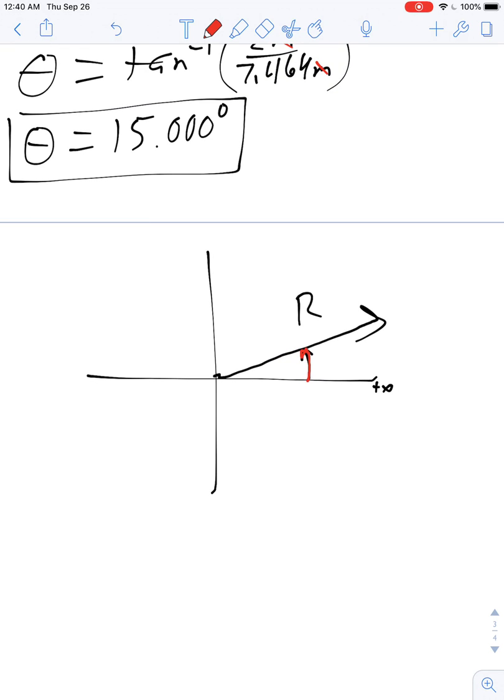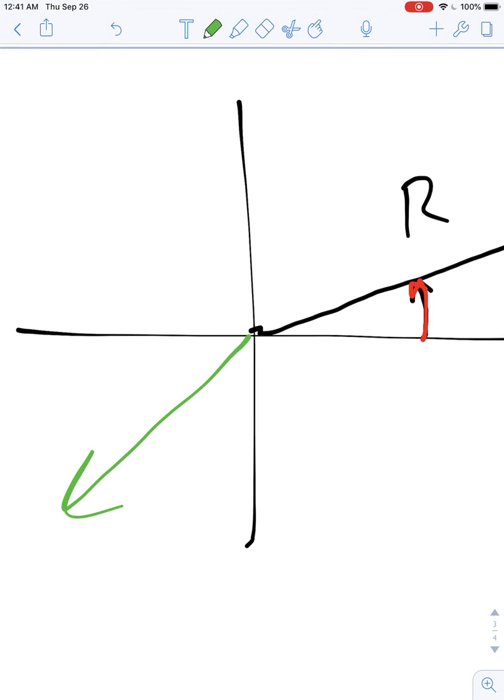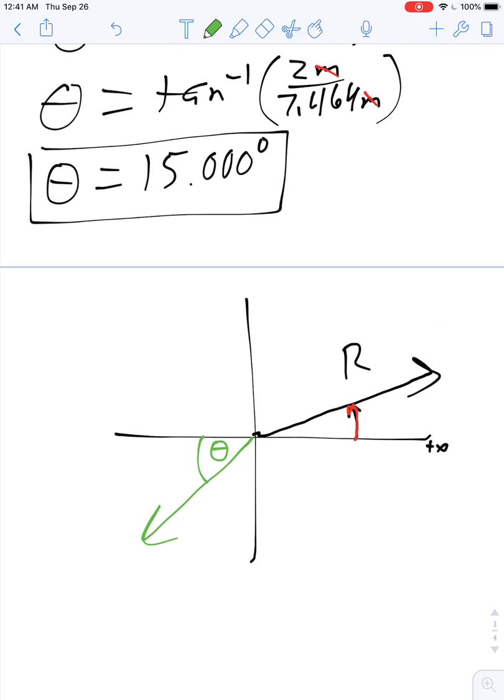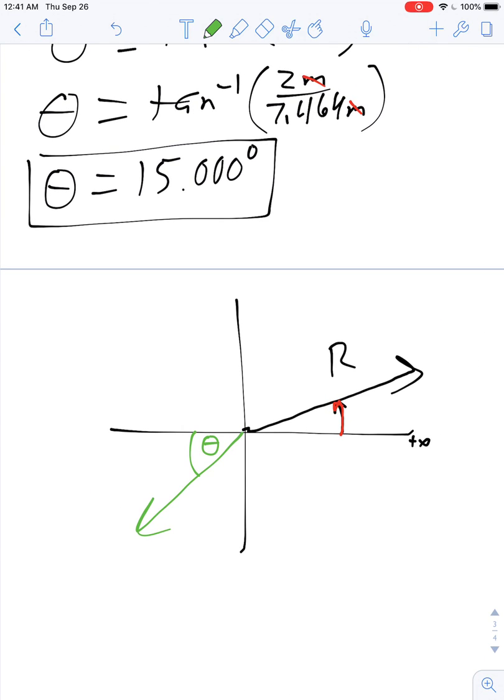So just so you understand what I mean, let's say for the sake of argument that we computed another vector that pointed down here. Again, this is totally fictitious, just for talking points. In physics, we typically would compute this angle right here, but to reference it for WebAssign, counterclockwise from the positive x-axis, you still have to start on the positive x-axis and go around all the way till you get to here.